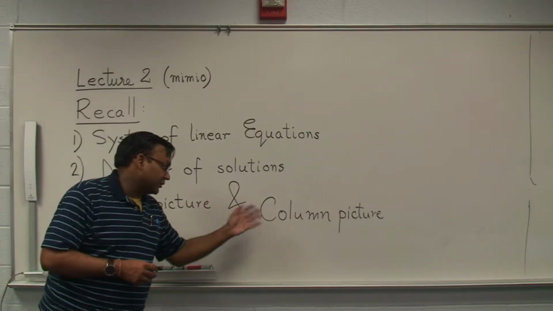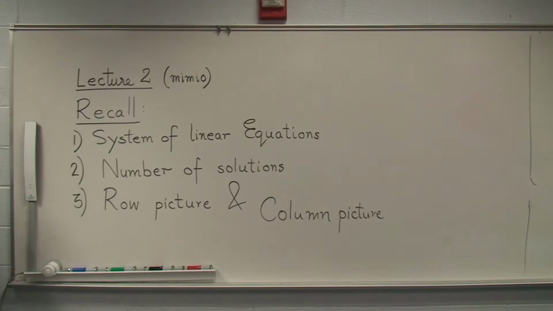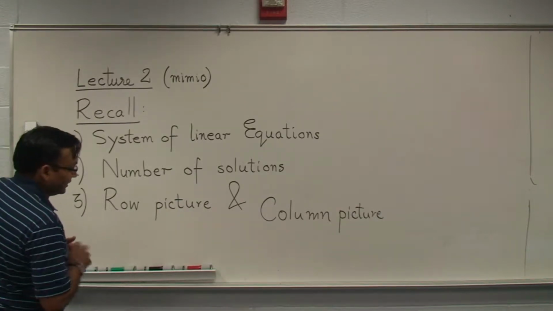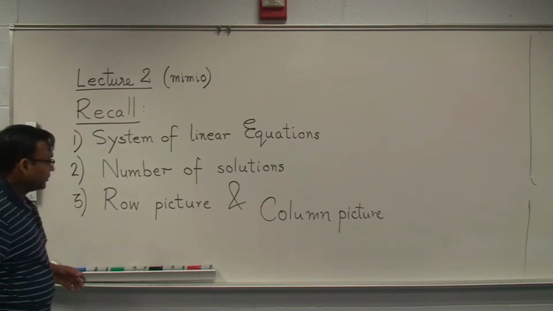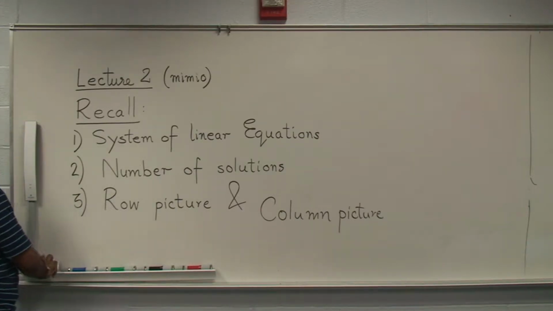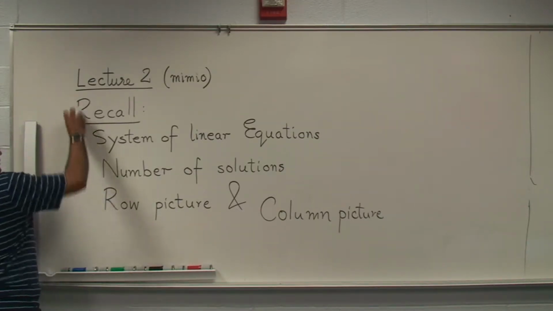And the same set of equations can also be viewed as columns or column picture, where we saw that the right hand side has to be expressed as a linear combination of the columns in the coefficient matrix.